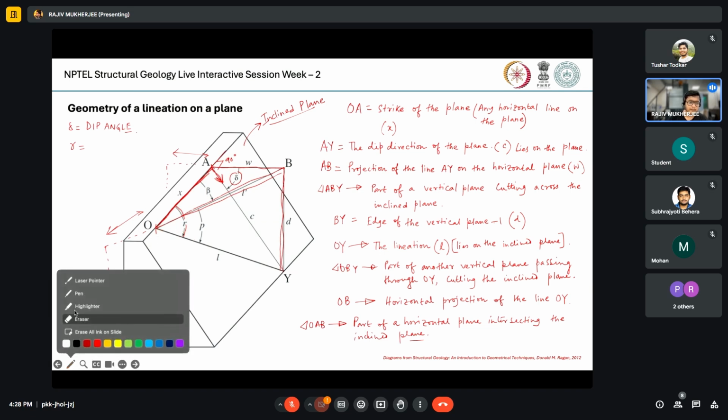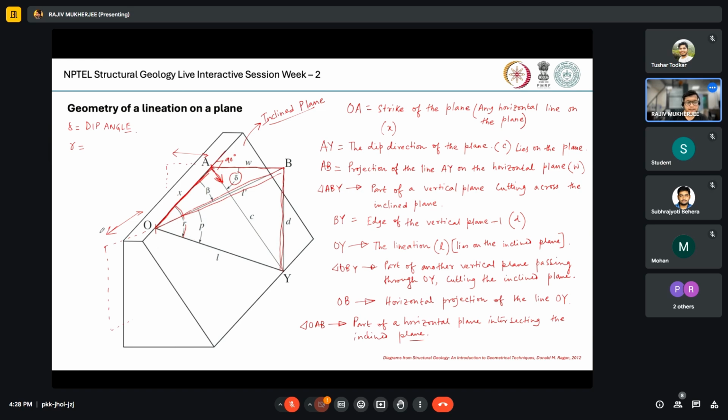So if you have a lineation OY, then the angle R is between the strike line and this line OY. So this is basically the pitch of the lineation.